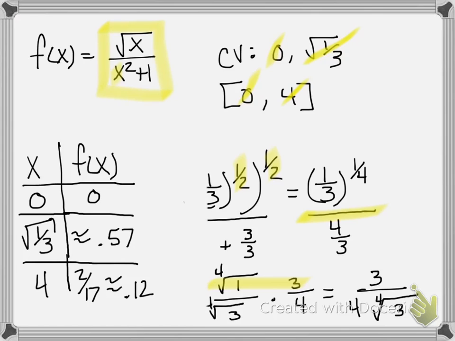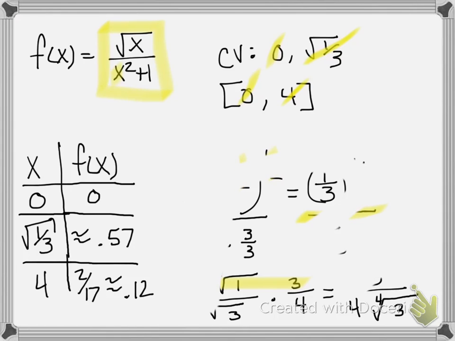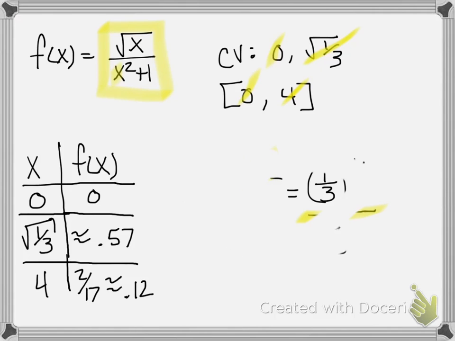Alright, so now we just look at those values, and we erase that just to clear things up. Now we look and see which values are the smallest and the largest. We have 0, so that's going to be the min.